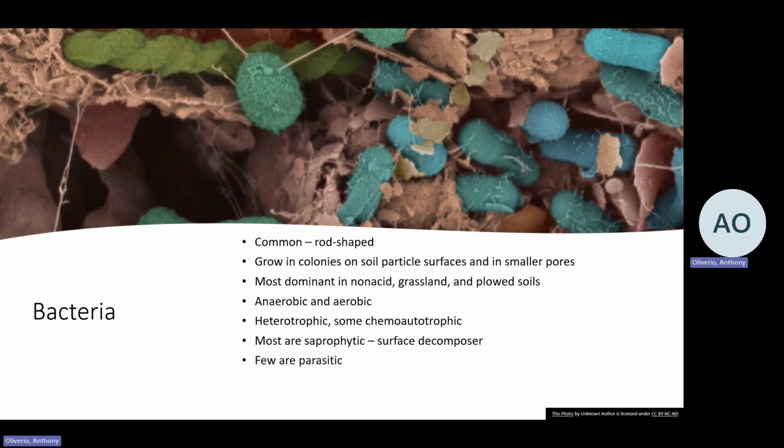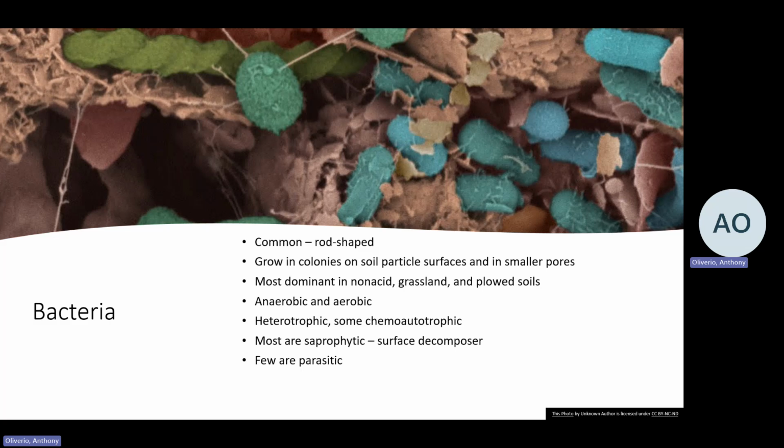If we take a look, you see that it's most dominant in these areas. There's anaerobic, or ones that can live without oxygen, say your soil is saturated with water, or aerobic. The aerobic ones are most beneficial.